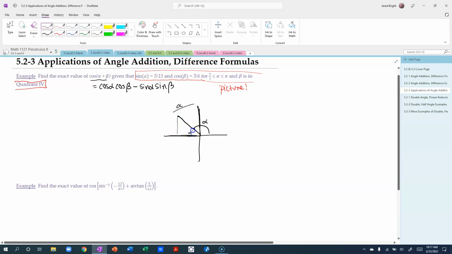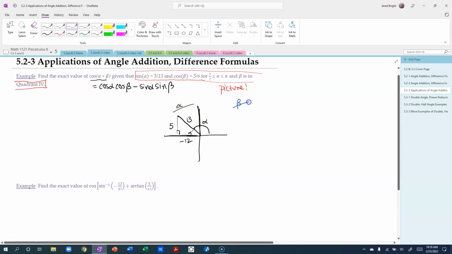So I could make a little reference angle there. Opposite the reference angle in quadrant 2, I'd have a side of length 5, hypotenuse of length 13. And I could use the Pythagorean theorem to figure out that the adjacent side is negative 12. You can do that on your own. So that's a picture for alpha, and that's going to be helpful.